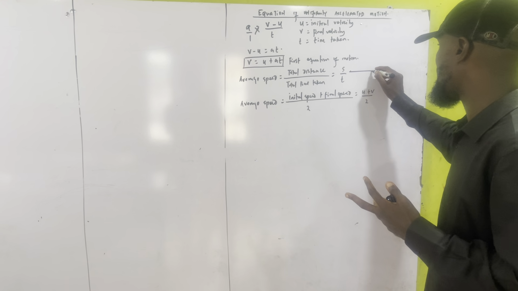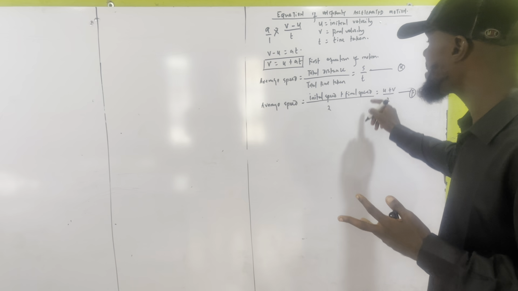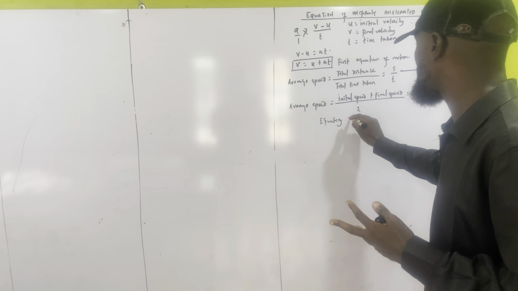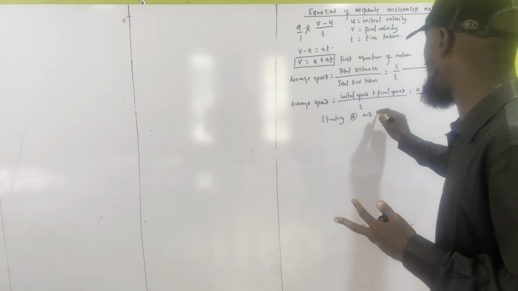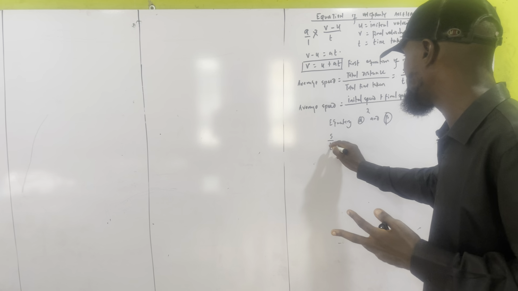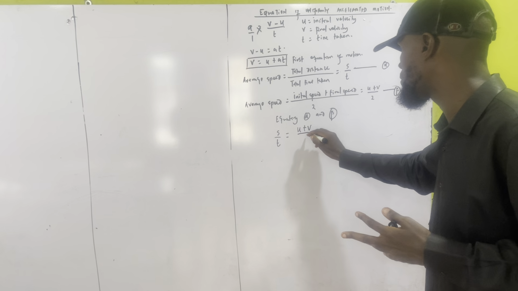Let me label these as alpha and beta. Equating alpha and beta, s over t is equal to u plus v over 2.